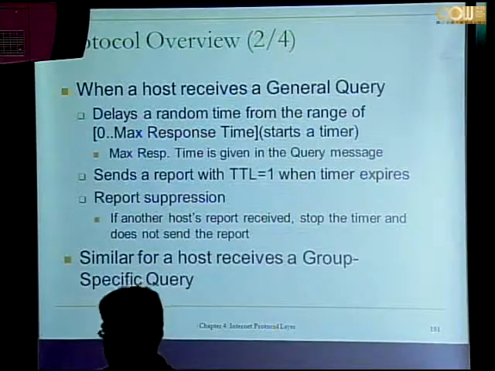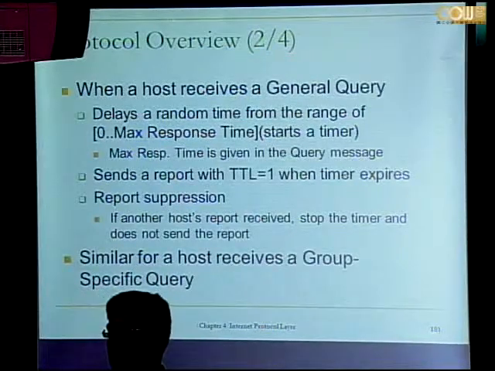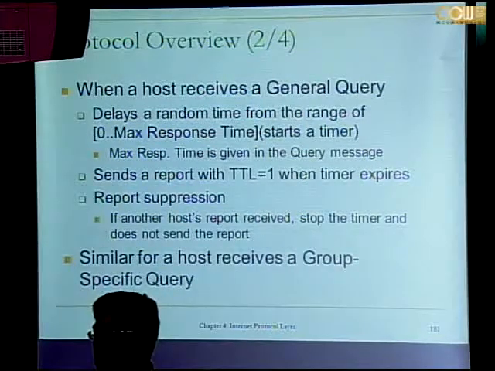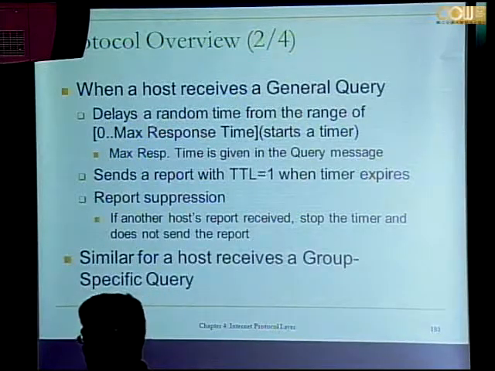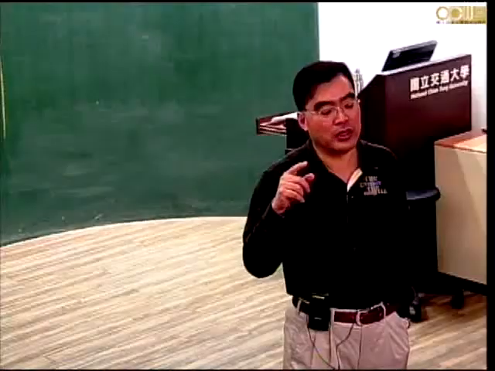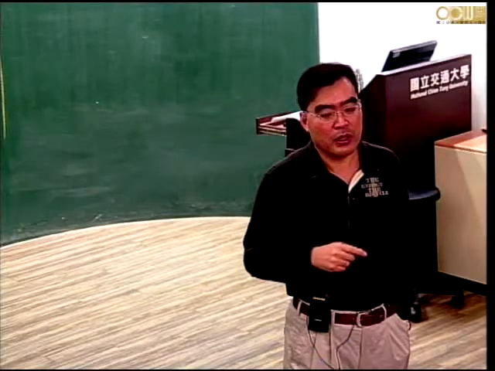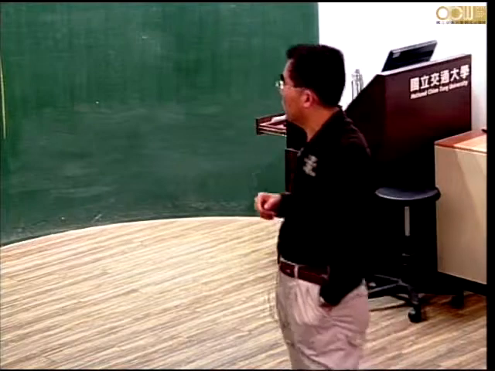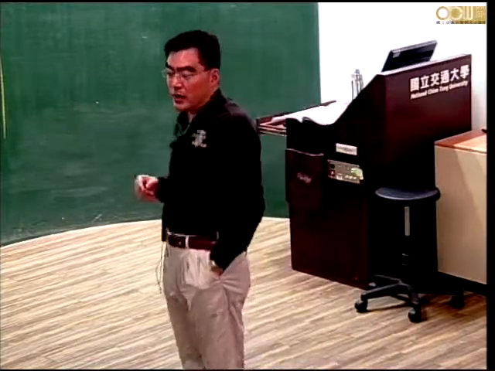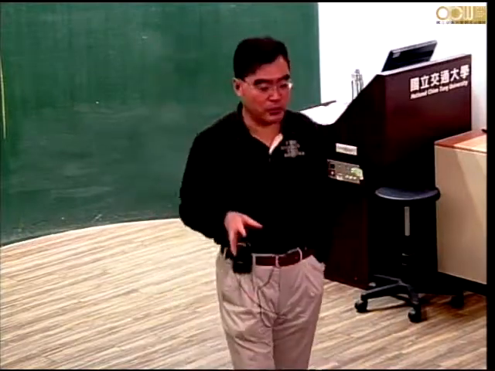So the first one sent a report, and the other 99 will suppress because they hear that guy send a report saying it belongs to the group. The other 99 who belong to the same group would suppress their reports.